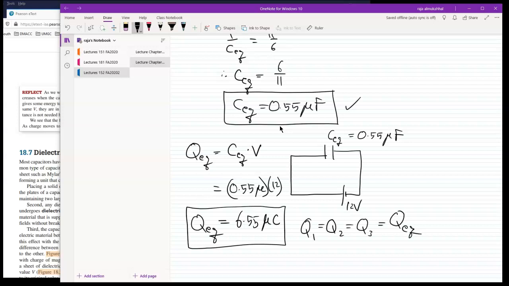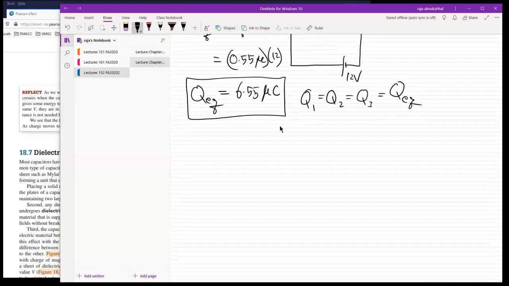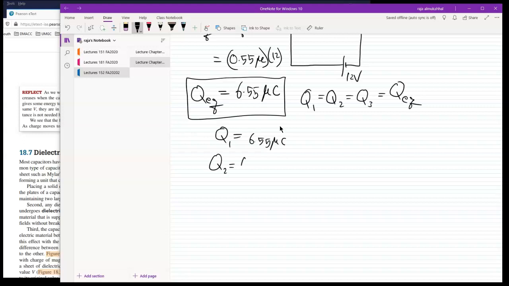Okay, what does that mean? It means all the charges are equal in the series combination. So in this case, Q1 is equal to 6.55 microcoulomb, Q2 is 6.55 microcoulomb, and Q3 is also 6.55 microcoulomb.